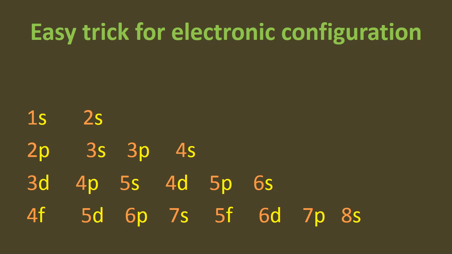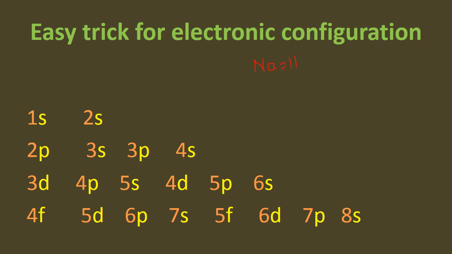Now here I am taking an example of sodium. The atomic number of sodium is 11. Always remember that for doing electronic configuration, we have to deal with atomic numbers. We never go with atomic masses. Do you know why?